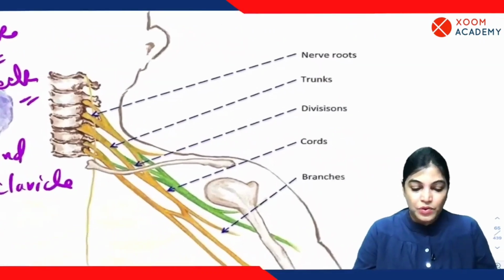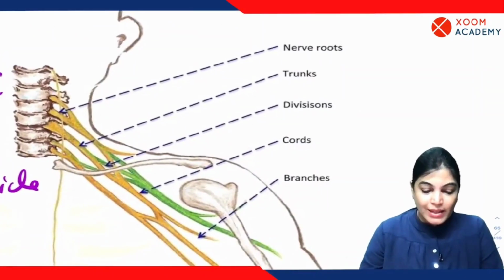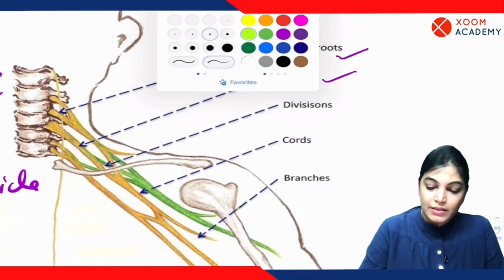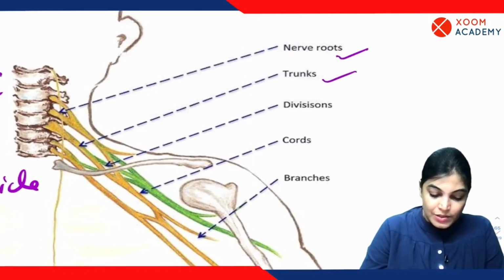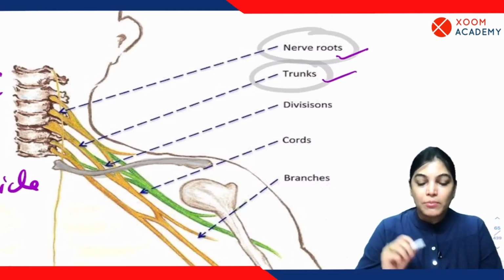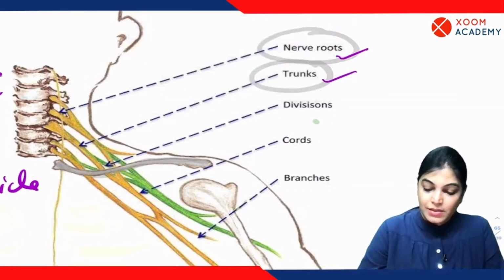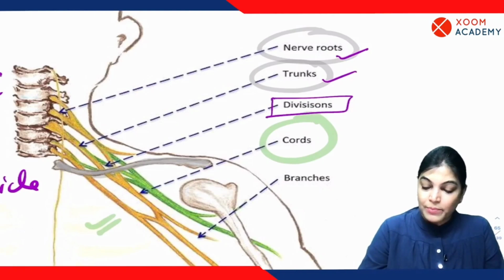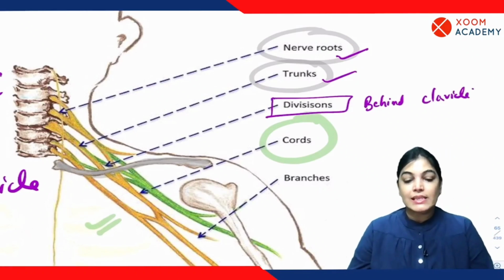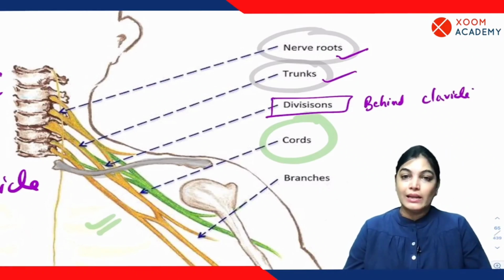So if you see this enlarged image, the nerve roots and the trunks are located above the level of, see here, this is the clavicle which I am highlighting, the collarbone. Both the nerve roots and the trunks are lying above the clavicle, but the location of the cords of brachial plexus is below, and the location of the divisions is exactly behind the clavicle. That means the branches of the cords of brachial plexus are infraclavicular in location.